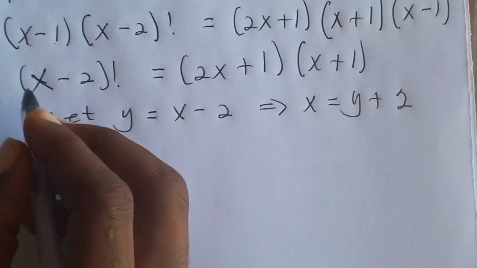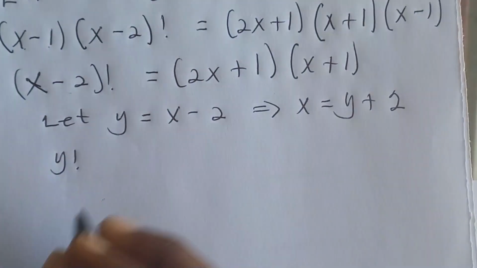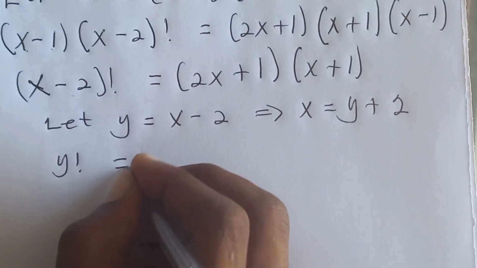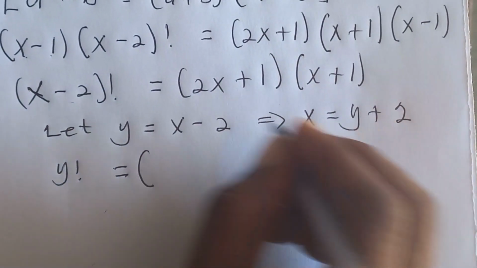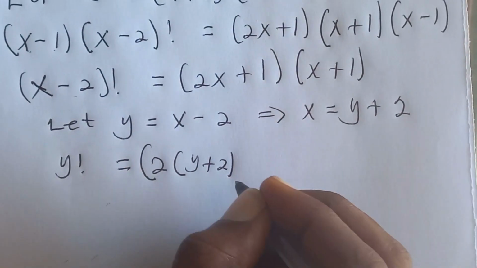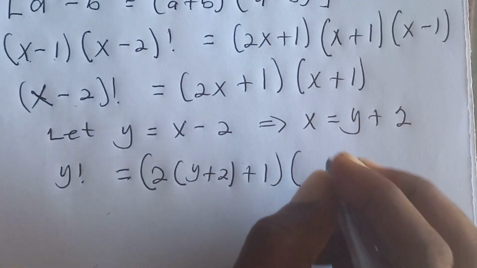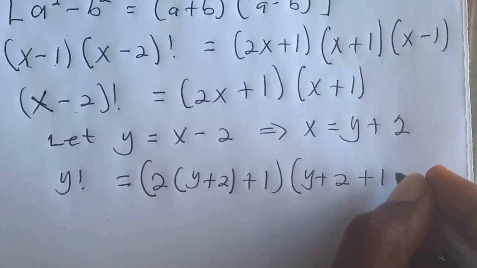Here you can say that y factorial, because y is equal to x - 2, is equal to 2 into (y + 2), plus 1, multiplied by (y + 2) plus 1.